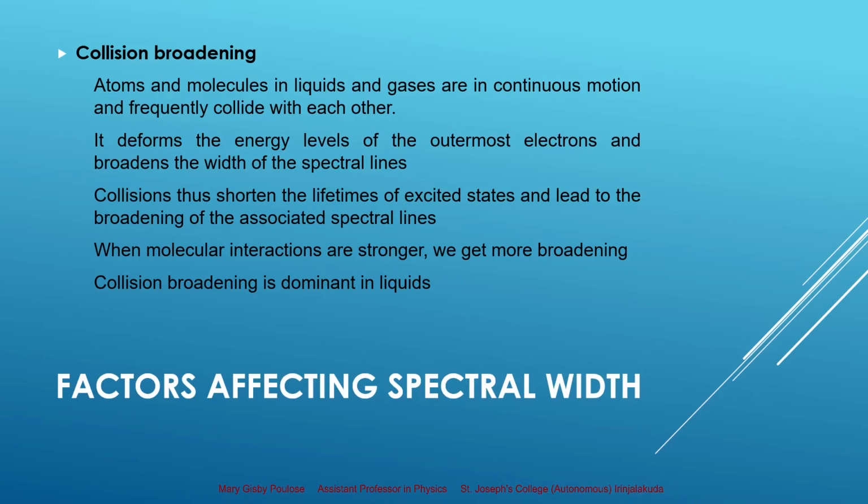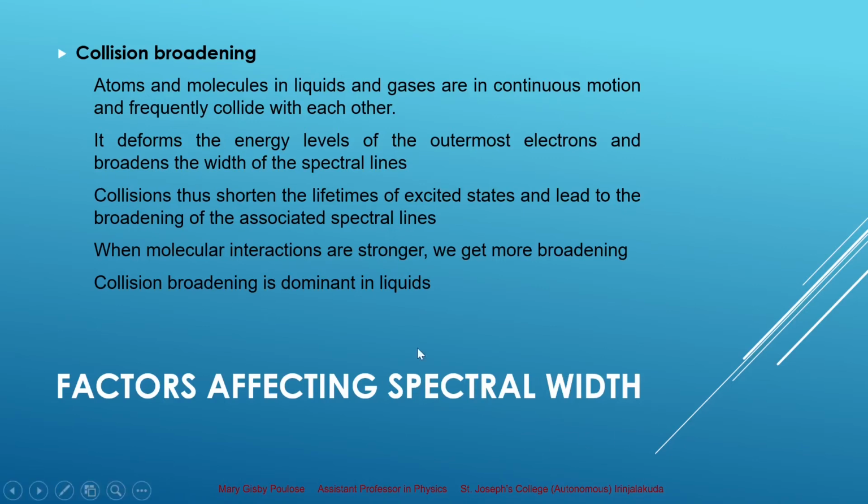Okay, so this collision has in effect affected the energy levels of the outermost electrons, and that energy level happens to broaden. It is not a single discrete line. That energy level then becomes an energy band, and hence this leads to the broadening of the spectral lines.